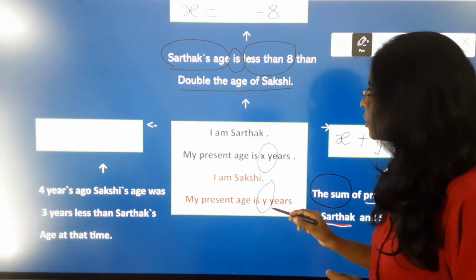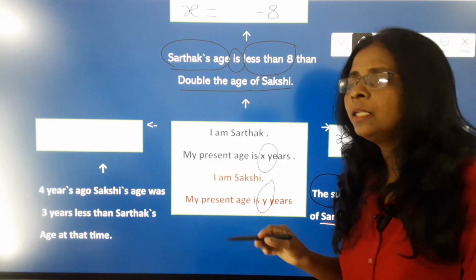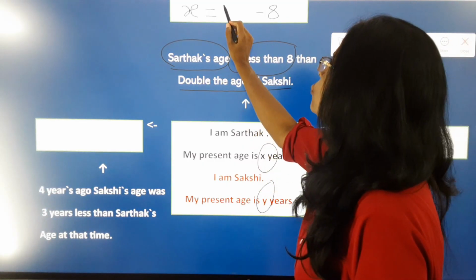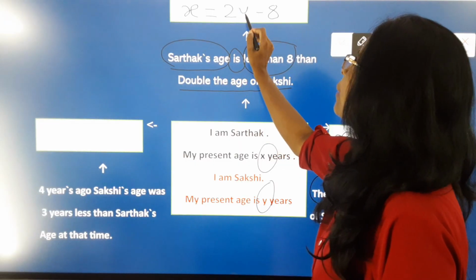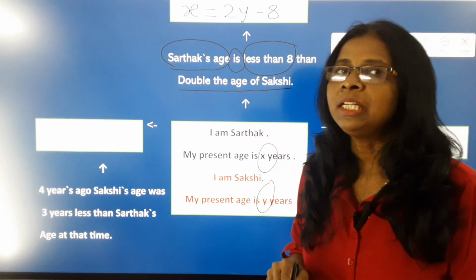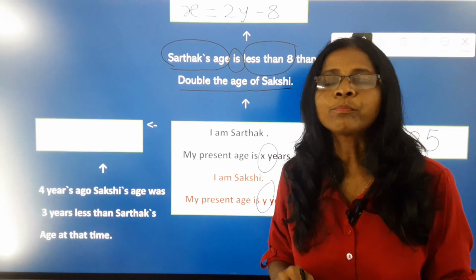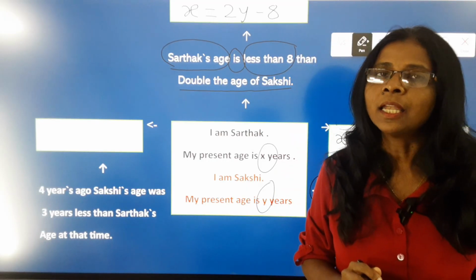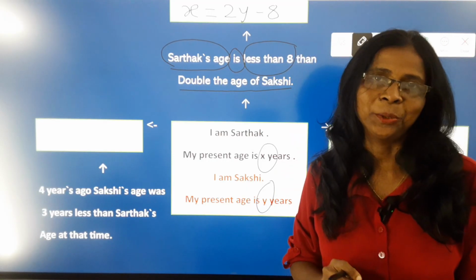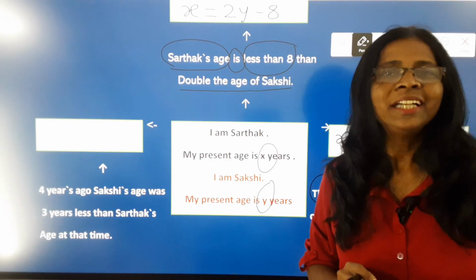Sakshi's age is y, so double means 2y. So x is equal to 2y minus 8 is the equation. So this way we can form the equation.